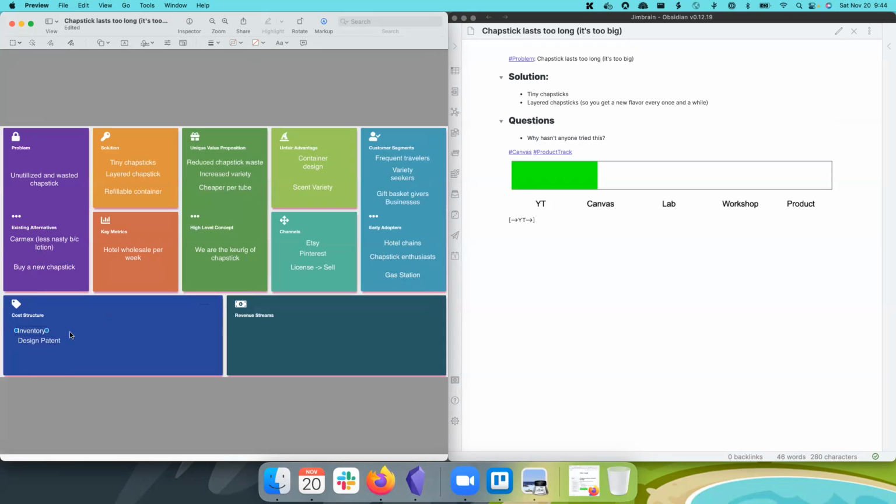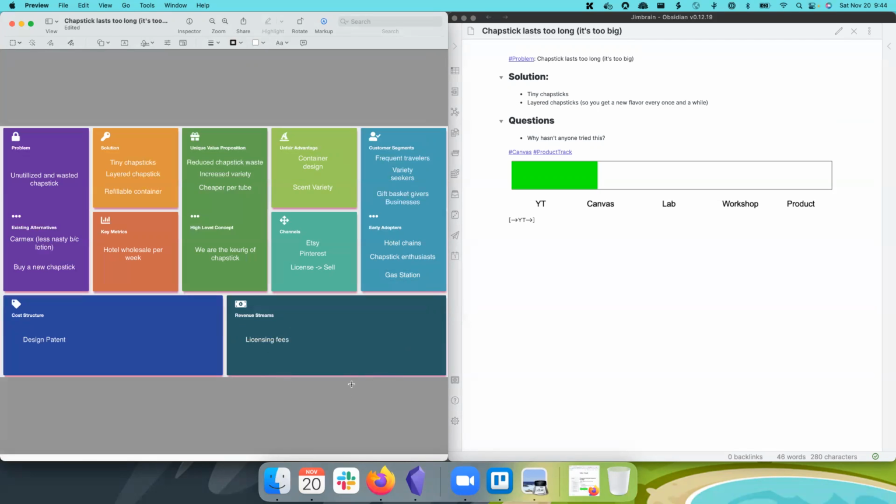So really, then we license everything. So it's the cost of design, the design patent, and then the cost of courting a chapstick brand. And then our revenue streams are just licensing fees.